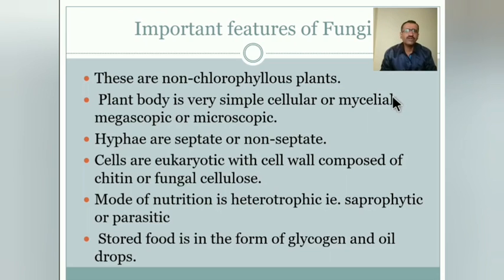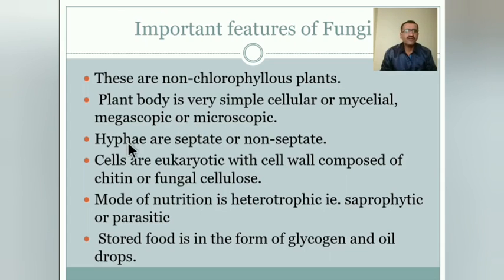That plant body may be megascopic or microscopic. Some fungi are found only under the microscope, so they are known as microscopic. And some are seen with the help of the eyes, so they are known as megascopic. These are the two forms.